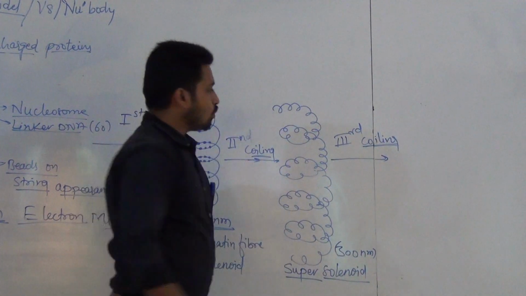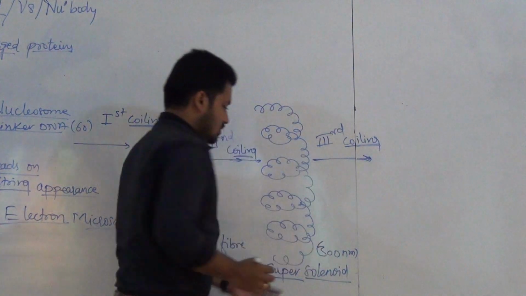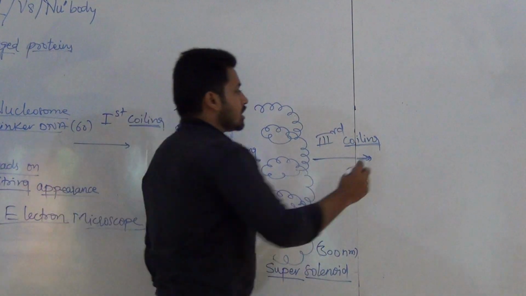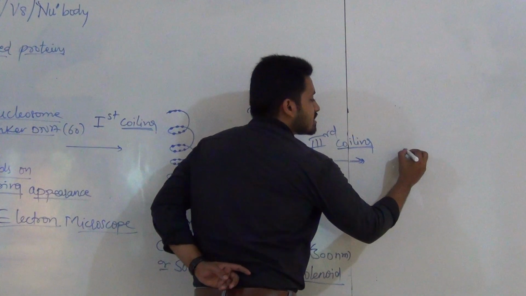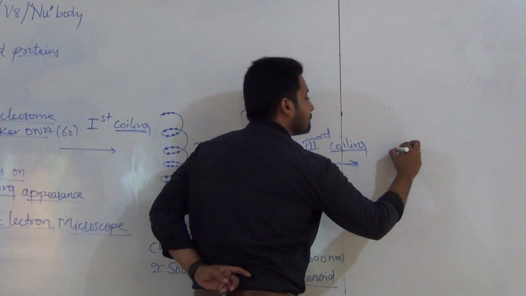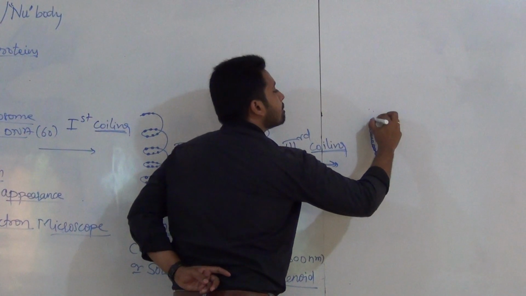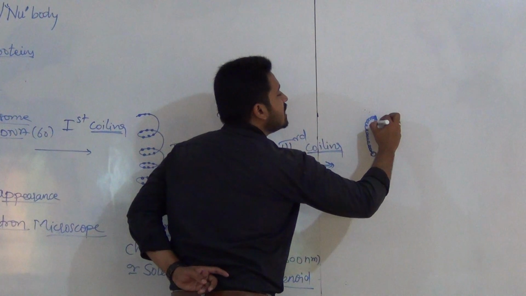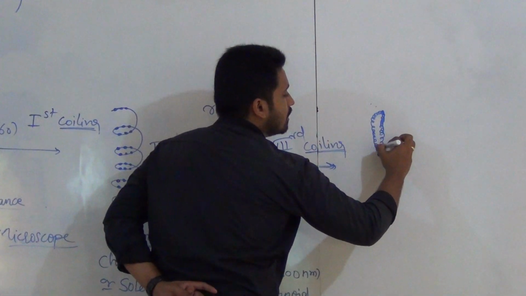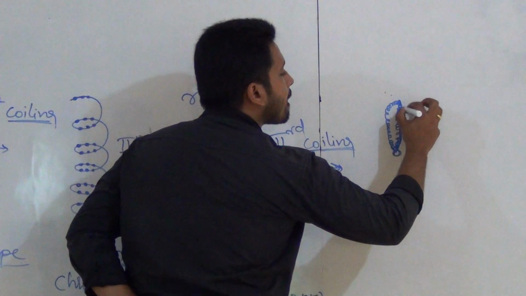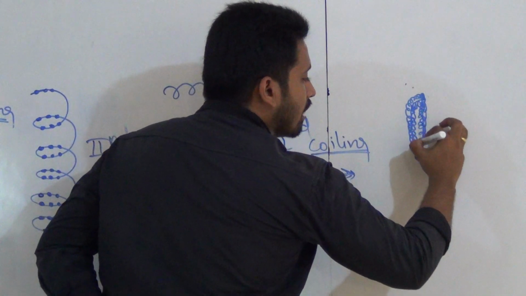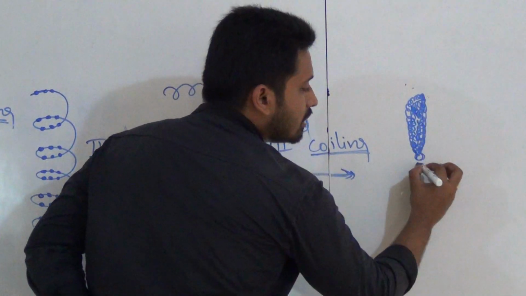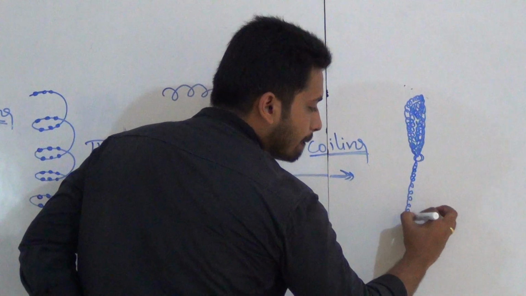Now coming to third coiling. What happens? This super solenoid converts into the structure which we studied in the first year chapter. What is that structure? Chromatid. And you already learned the term sister chromatid.